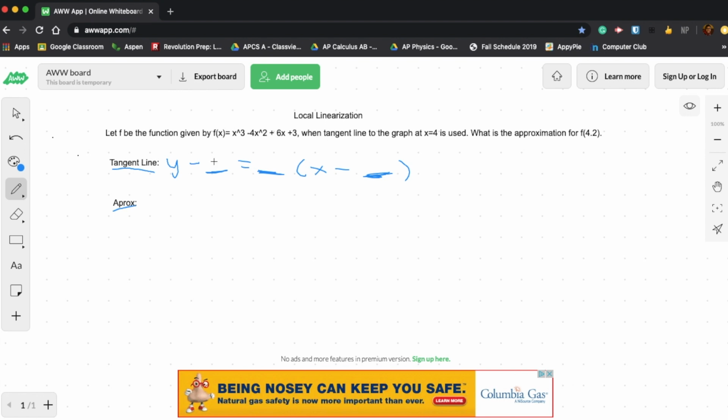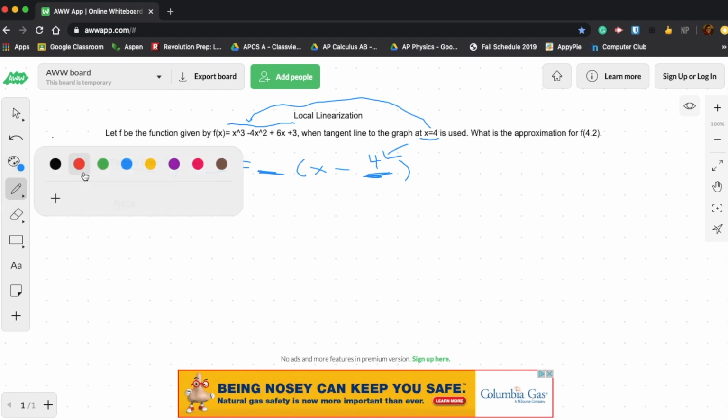Now let's solve for all these points. First step is, they give you the point x equals 4, so that will go right here. That will be x minus 4. One thing you'll have to do is solve for the y-intercept, per se. Since you're given this x equals 4 value, you plug it into this equation, and so you can find the f of x, also known as the y value.